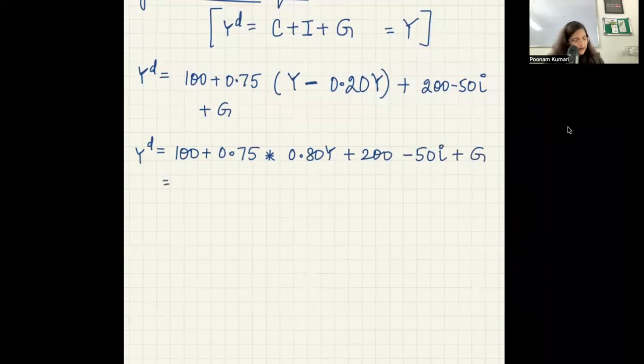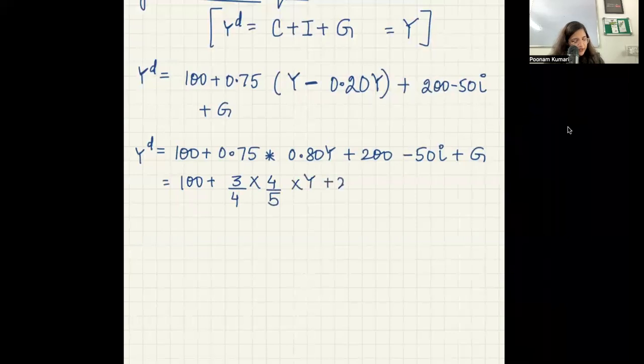And then this becomes 100 plus this is 3 by 4 times this is 4 by 5 times y plus 200 minus 50i plus G. Let's just write the value of G also here, or maybe not. Let's just keep it G.